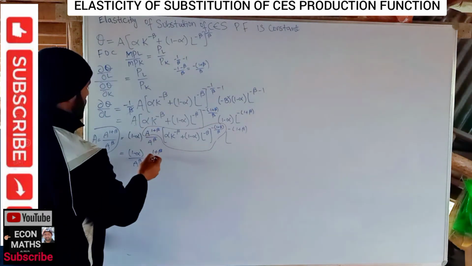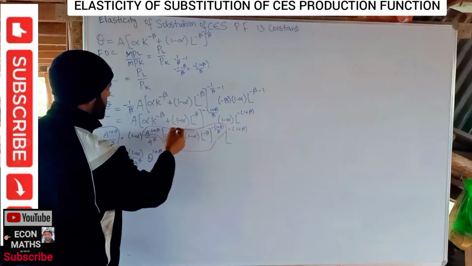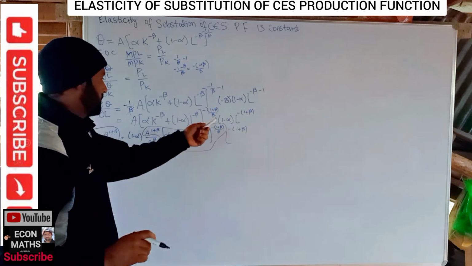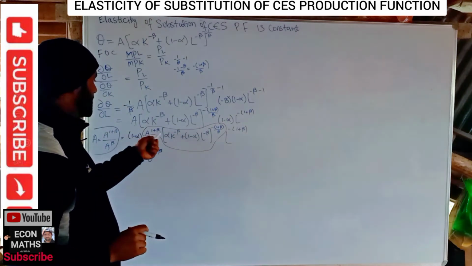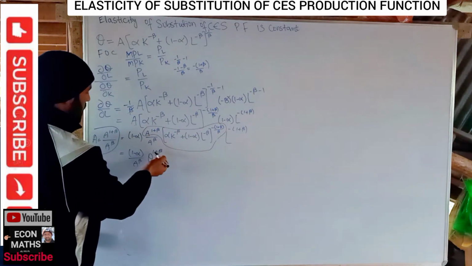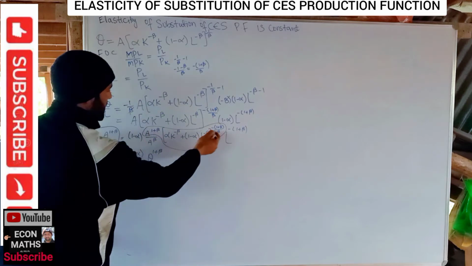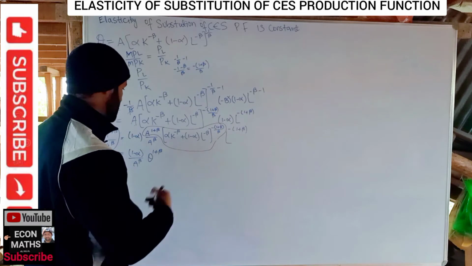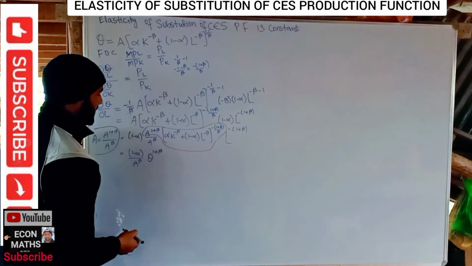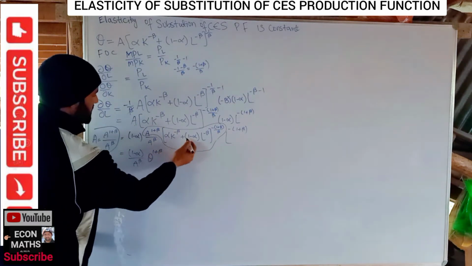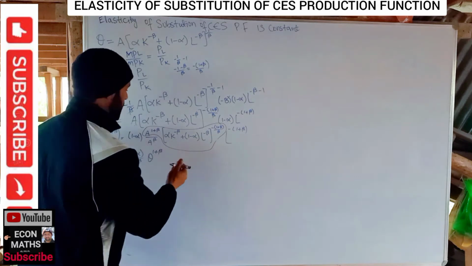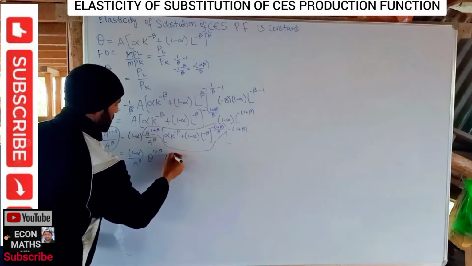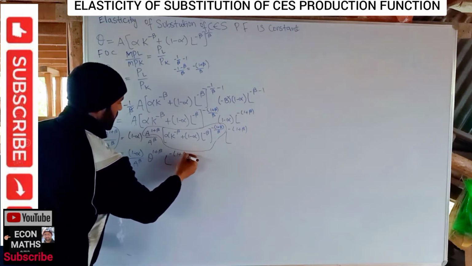Now Q to the power 1 plus beta will be this very expression. It can be clearly seen that this is equal to Q to the power 1 plus beta, because it is a manipulation of this very expression. So in place of this I write Q to the power 1 plus beta, and we are left with L to the power minus (1 plus beta).